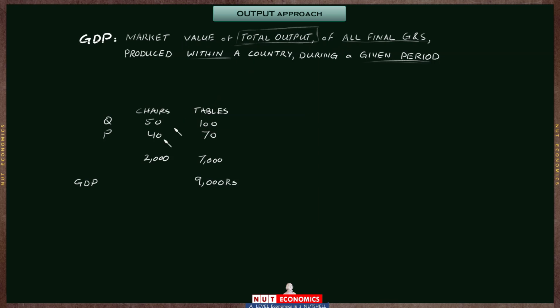So GDP is this market value of all the final goods and services. Now all simply means that you will include the market value of everything, every good and every service that your country produces. That is simple enough. This thing, final goods and services, is important.